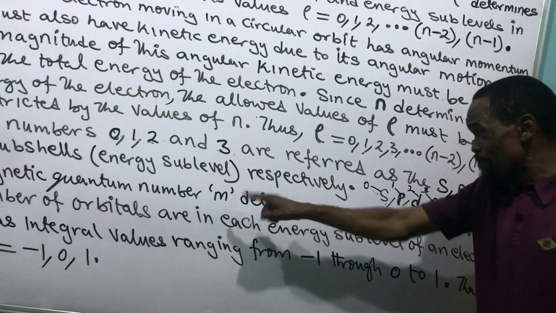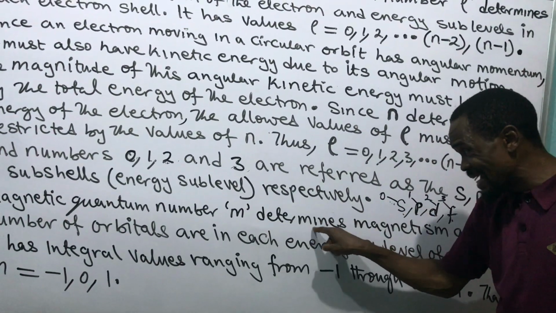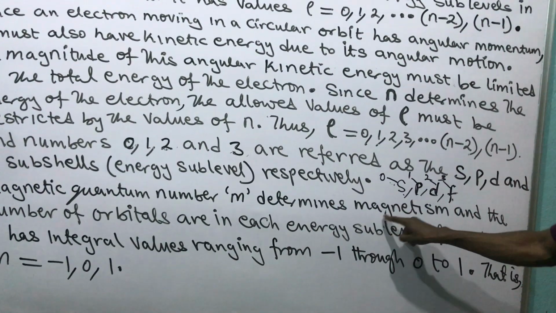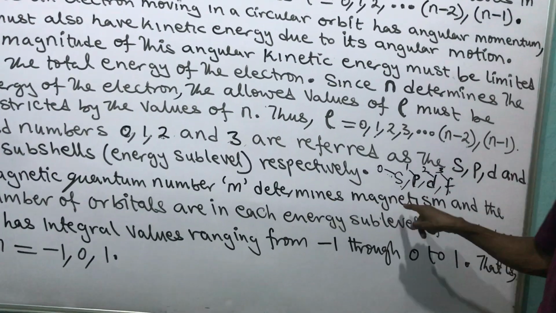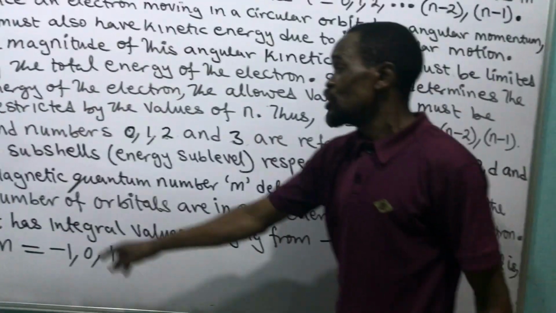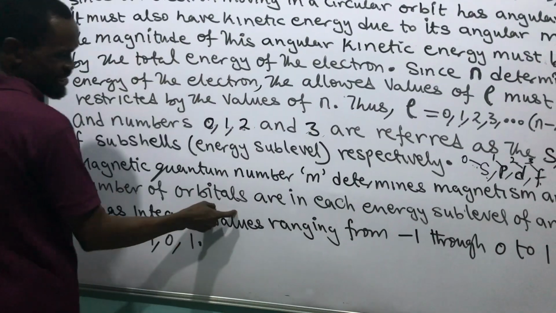We say this magnetic quantum number determines the magnetism and the number of orbitals.